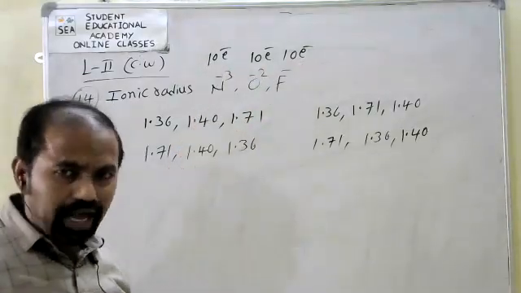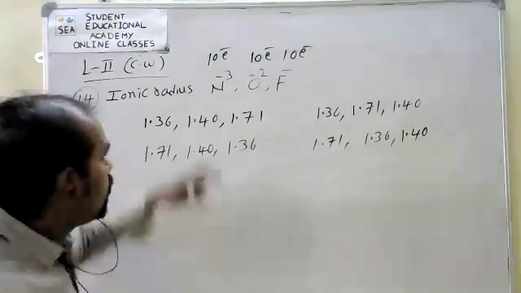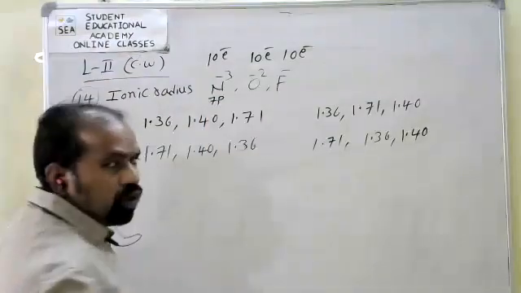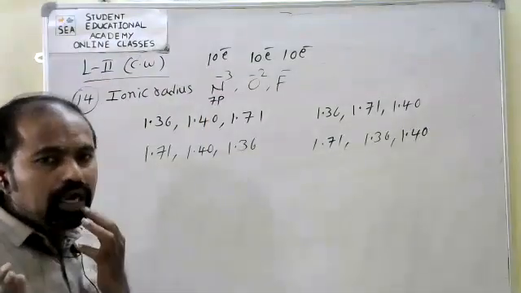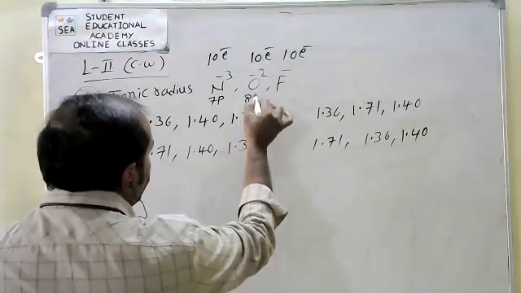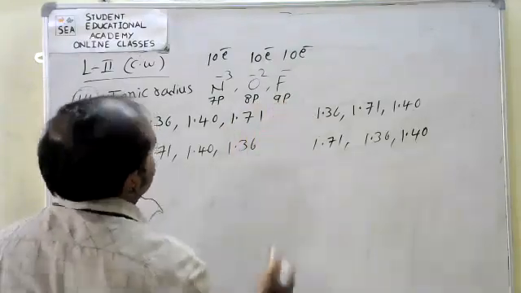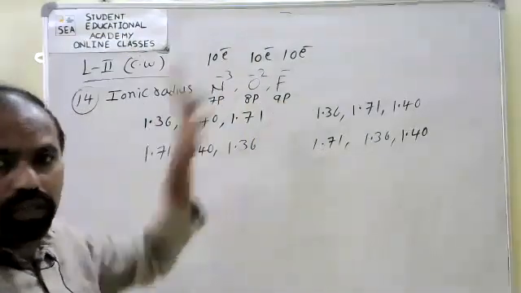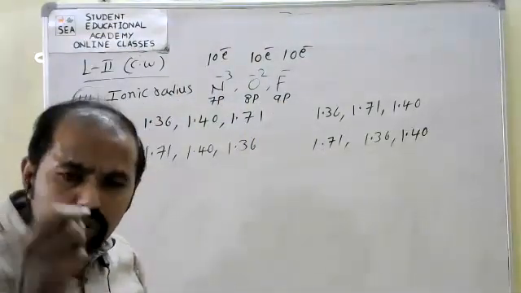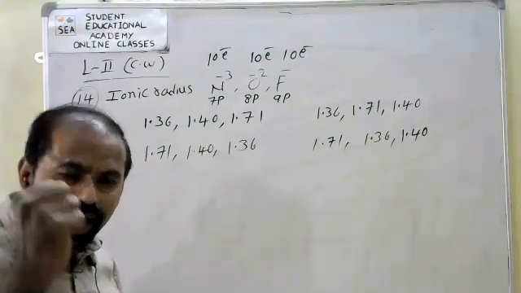That is the shortcut. Otherwise, here nitrogen has how many protons? 7 protons, because protons equal the atomic number. Here 8 protons, here 9 protons. Electrons are the same, but the protons differ. Protons mean nuclear charge, nuclear attraction.